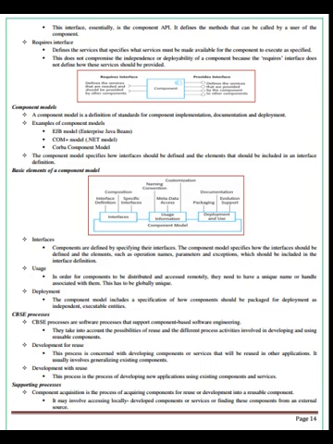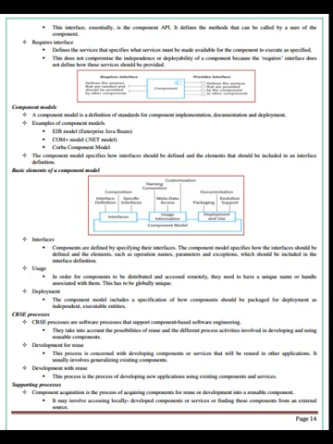Component definitions. Councill and Heineman: a software component is a software element that conforms to a component model and can be independently deployed and composed without modification according to a composition standard.